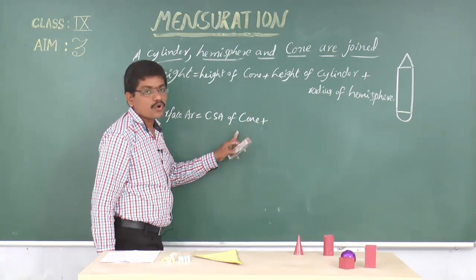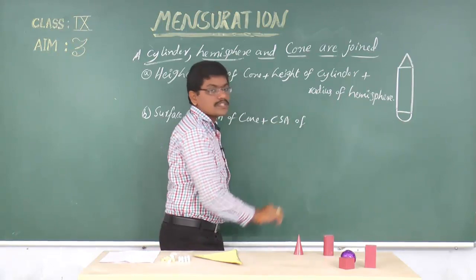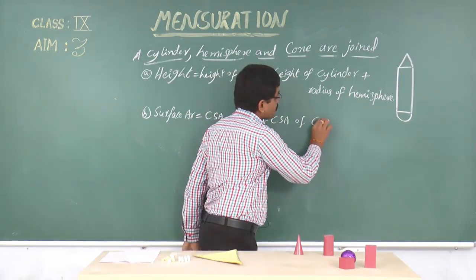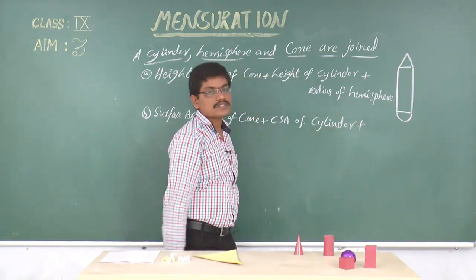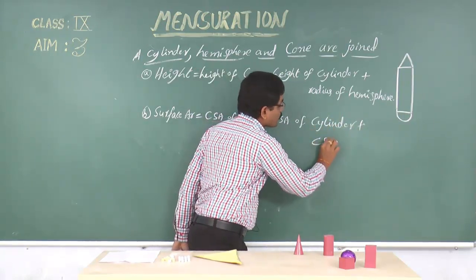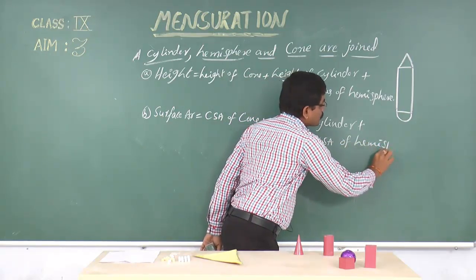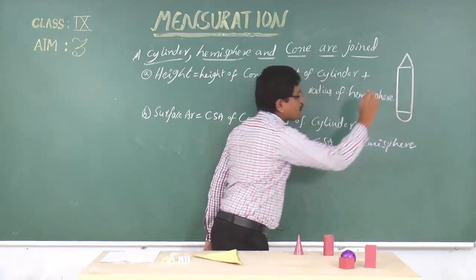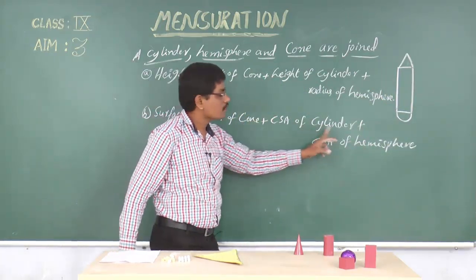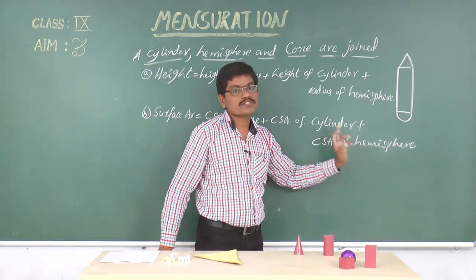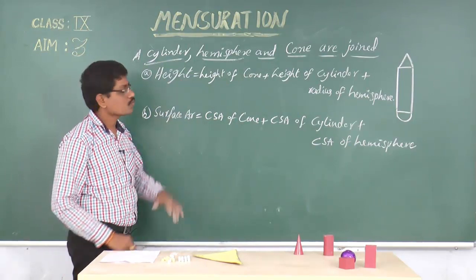CSA of cone plus CSA of cylinder plus CSA of hemisphere. These three together form the surface area of the new solid.